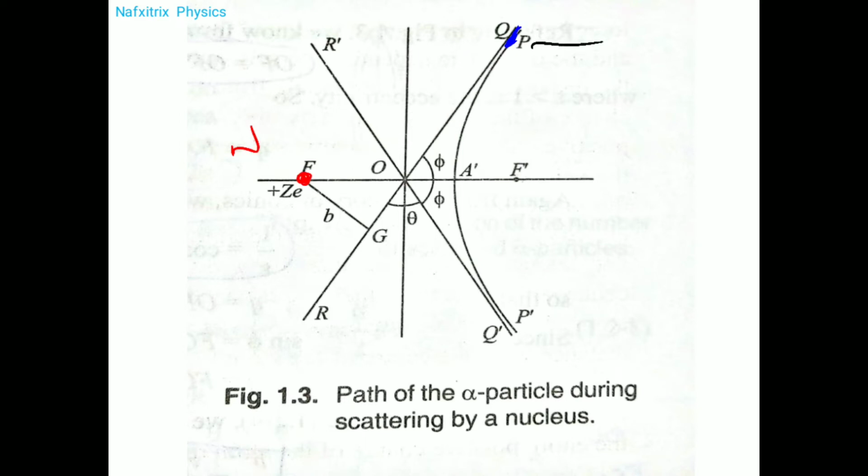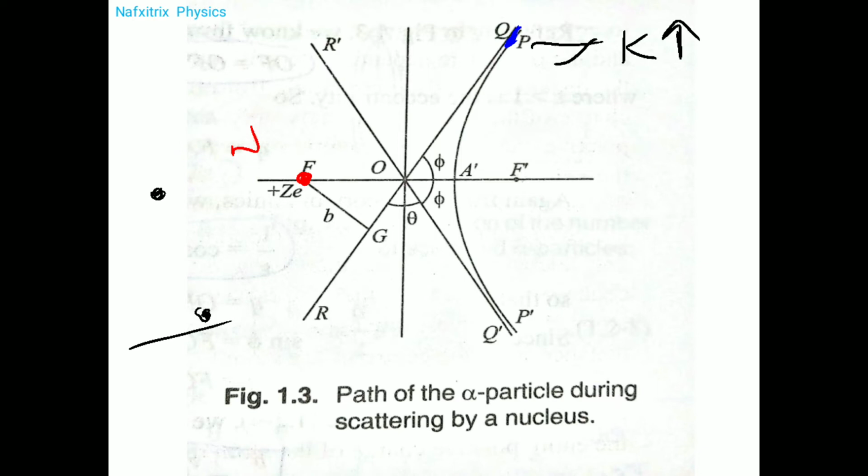So that's why the force acting on this alpha particle is negligible. Its potential energy is negligible, but its kinetic energy is very high. It is like if you are standing at a great height, you have high potential energy, and if you are nearer to the ground surface, you have less potential energy.